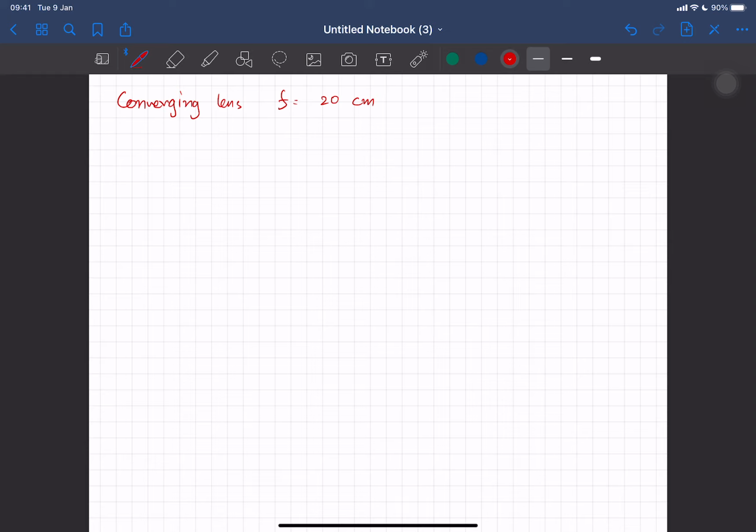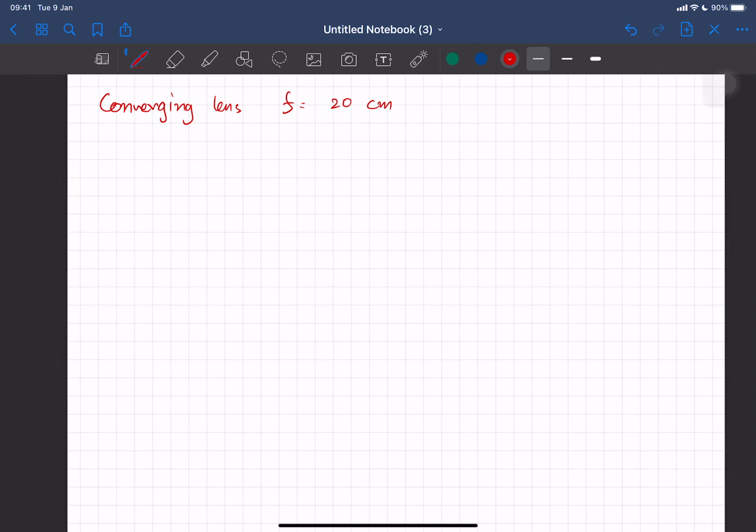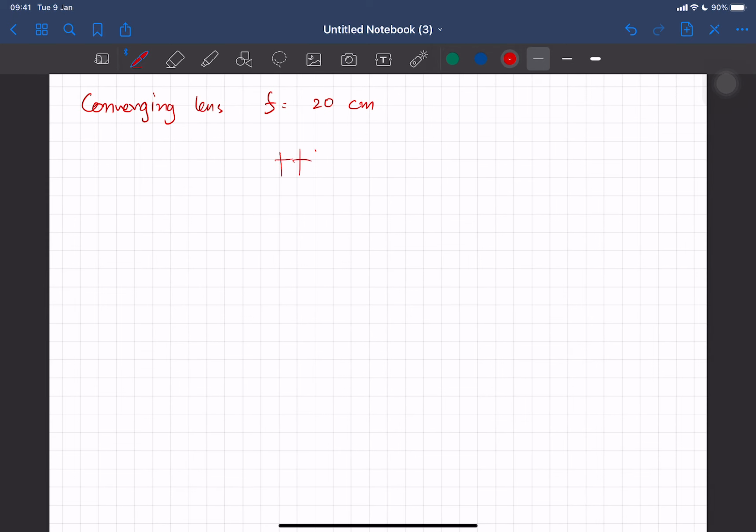So we're going to draw a little bit more carefully here. So you all see this grid on my screen here. So we're going to call each grid 5 centimeters, so we can draw everything to scale. Okay, that's the plan here.